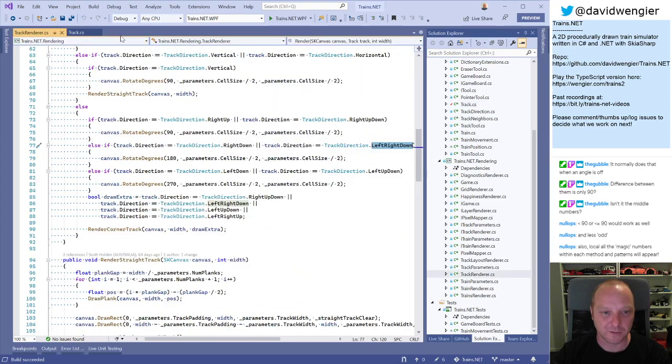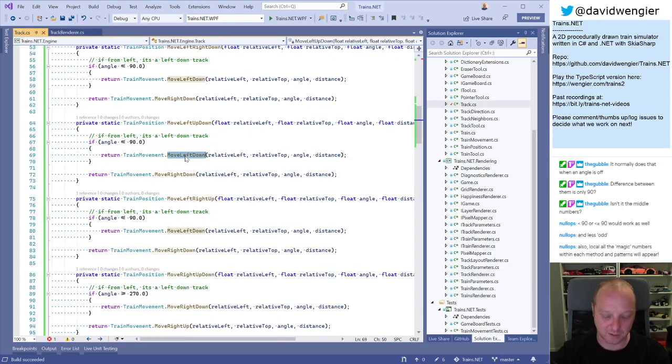So, close this file because I keep clicking on it. Left, up, down. Left, up is the odd one out. So, this is move left, up. This is move left, down.